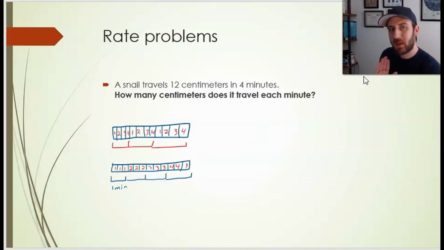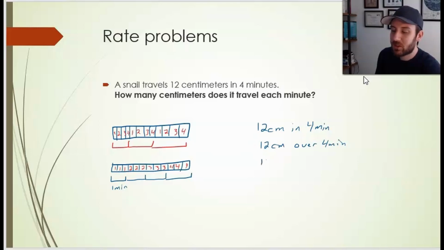So let's now combine the information and the realizations that we've had. 12 centimeters in 4 minutes is the same thing as 12 centimeters traveled over 4 minutes, which is the same thing as 12 centimeters per 4 minutes.